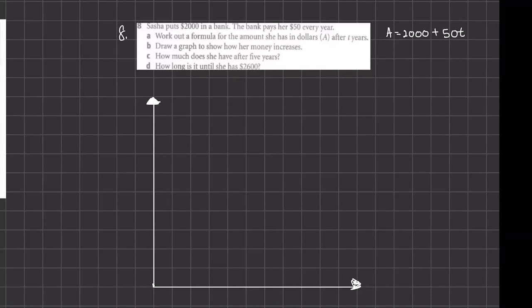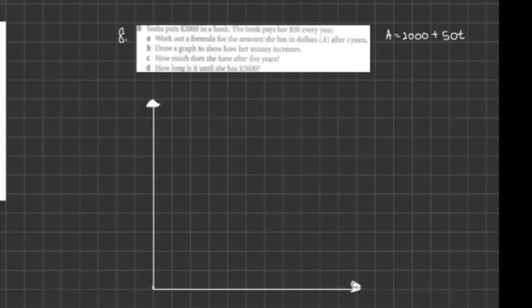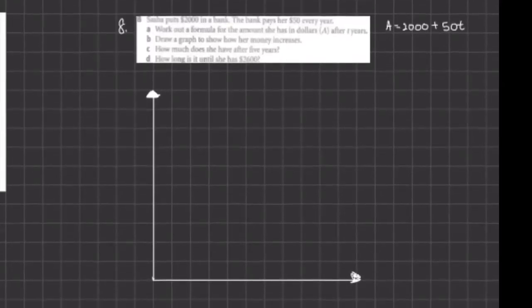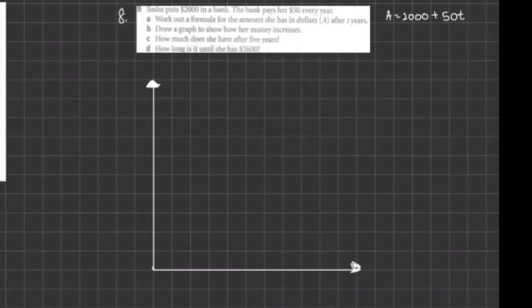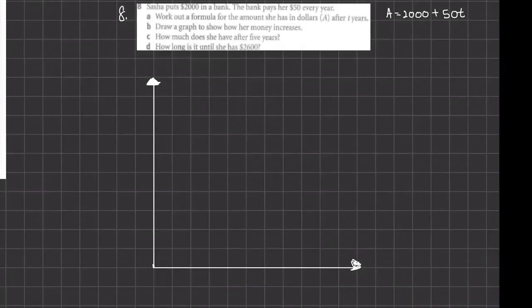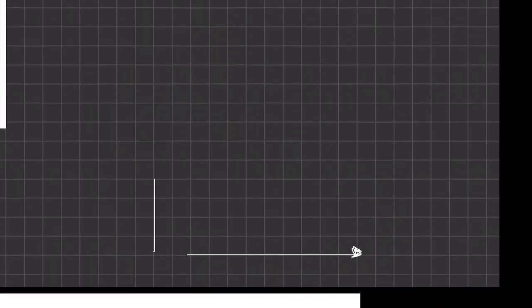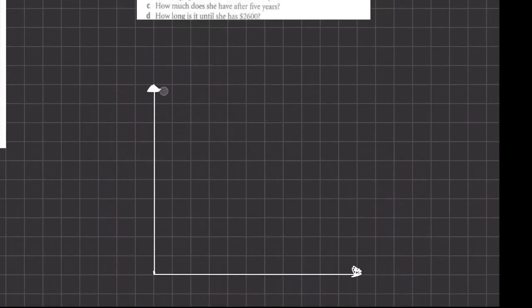Draw a graph to show how the money increases. Okay, 2,600. So let's just put 2,600. So what multiples can I use here? 100 is too small. 200. Okay, I'm just going to bring this down so that I can increase this. So 200, 200, 200. I just need 13 blocks.